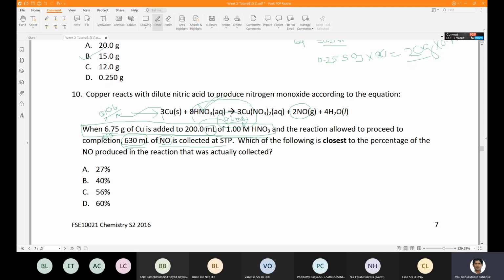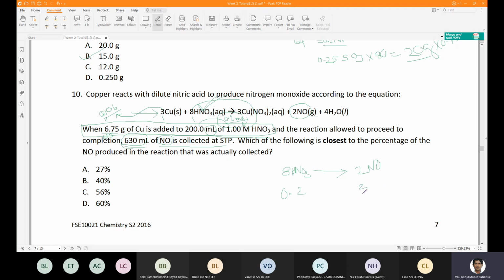Here we see that it is an 8:2 reaction, right? That means 8 moles of nitric acid, HNO3, produces 2 moles of nitric oxide gas. So 0.2 moles of nitric acid will produce how many moles of nitric oxide?